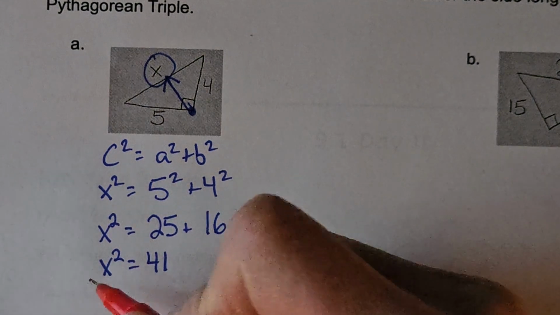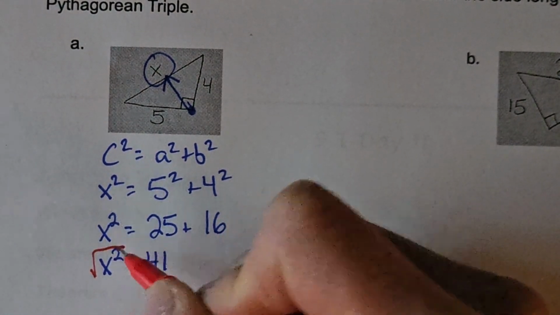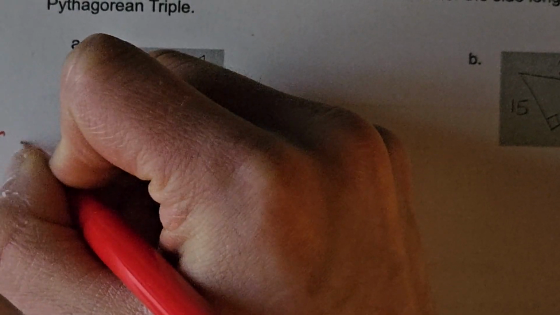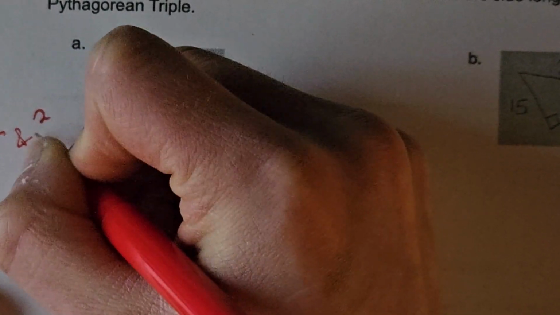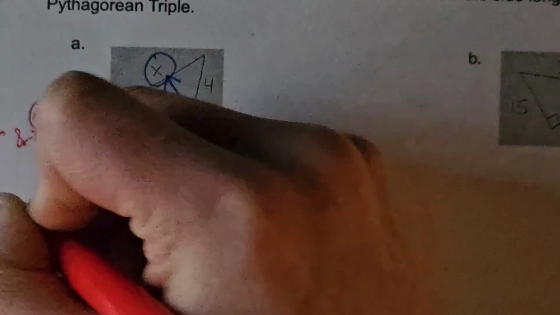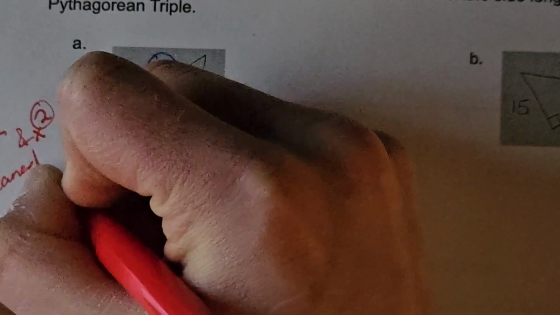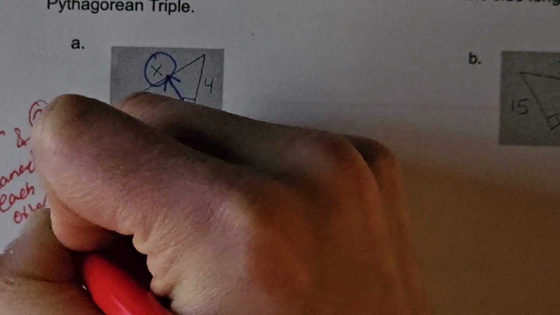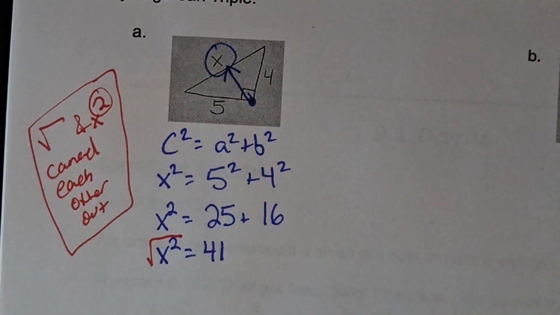To do that, I'm going to take the square root. Square roots and squares cancel each other out. If you need to make a note of that, write it down.